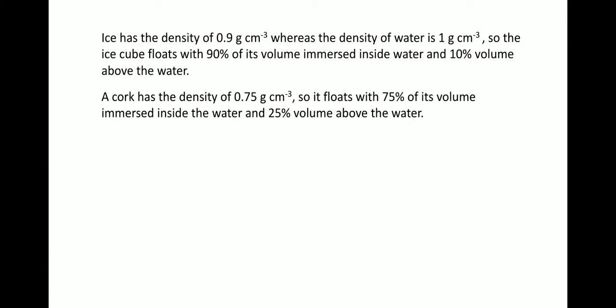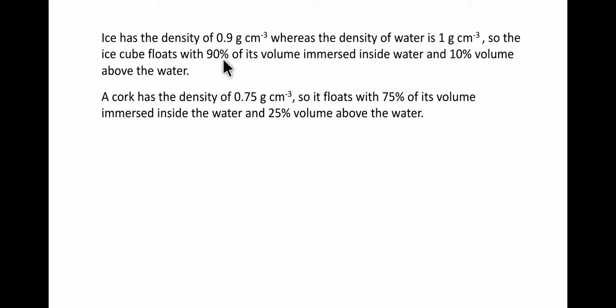gram per centimeter cube. So in water, it floats with 75% of its volume immersed inside the water and the remaining 25% volume above the water. In the case of ice also, we did the same kind of calculation. 0.9, 90%, and water has the density of 1 gram per centimeter cube.